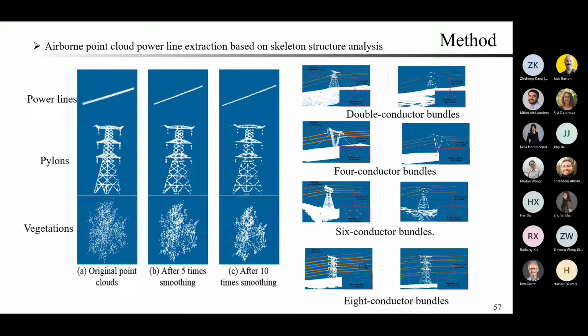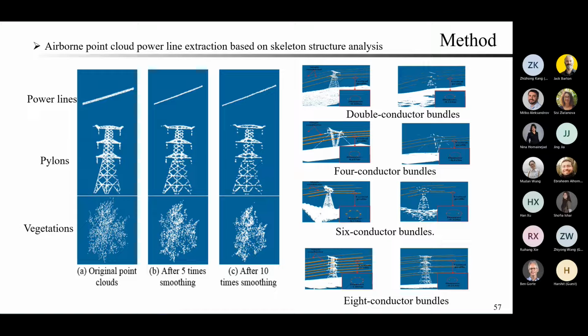We found the skeleton structure analysis strategy is more efficient in this way. If we conduct the skeleton structure analysis, we can reduce the radius of the power lines.